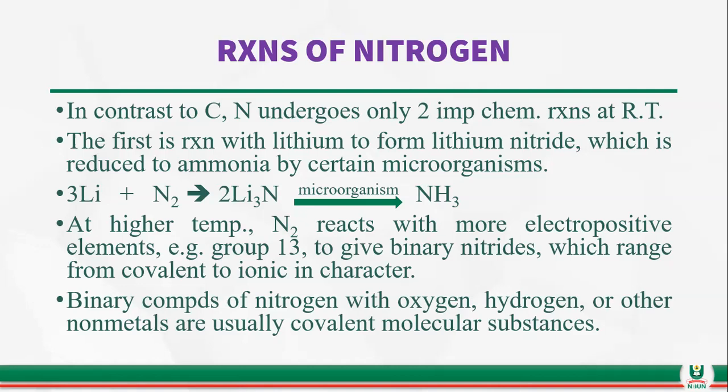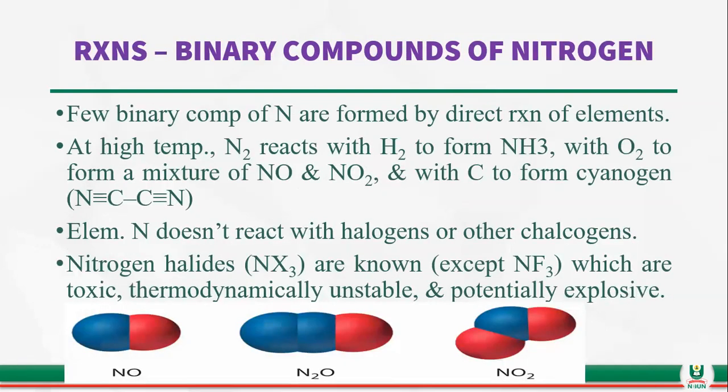But if it is nitrogen reacting with a highly electropositive metal, one example is group 13, which is aluminum. Aluminum is +3, nitrogen is -3. At high thermal condition, you can form aluminum nitride from that. Few binary compounds of nitrogen are formed by direct reaction of the elements.